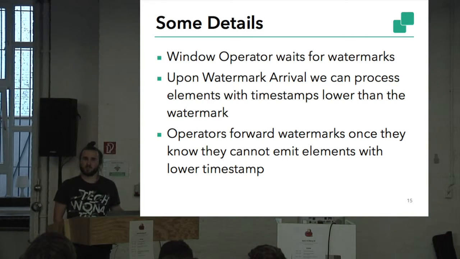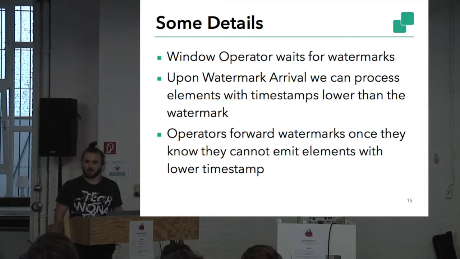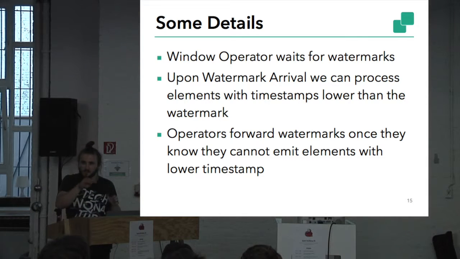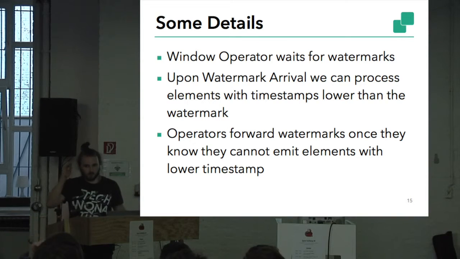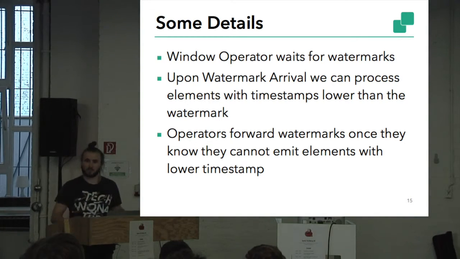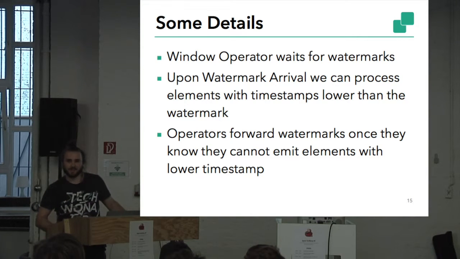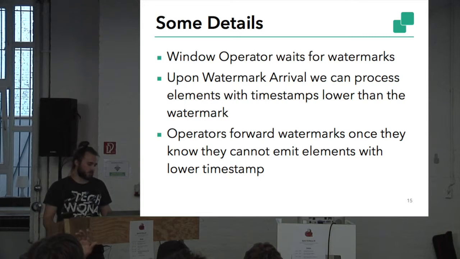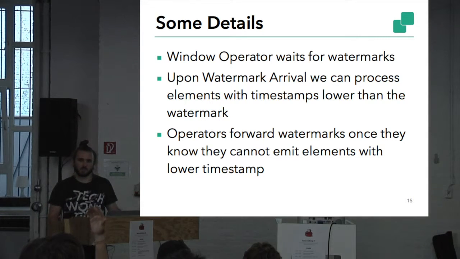On temperature, the temperature would have to be monotonously rising for it to make sense, because timestamps also have to be constantly rising, otherwise you couldn't ever emit any watermarks. So I don't know if it would work for something like temperature, which I guess would be fluctuating. I couldn't think of a use case. Maybe it makes sense, but off the top of my head, I don't know any case where it would.